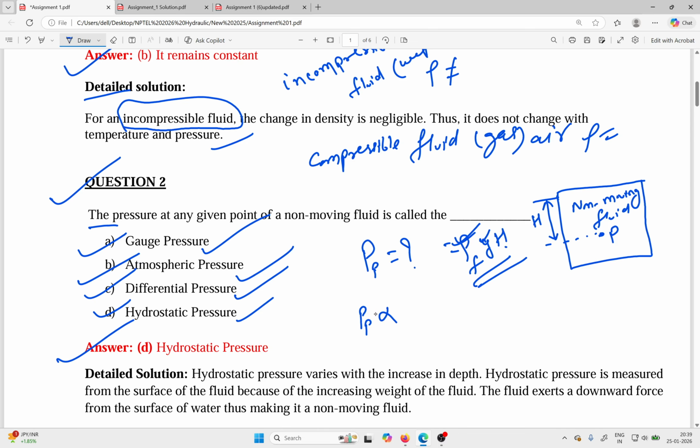So it is directly proportional to H for an incompressible fluid. Remember please, for an incompressible fluid. And for a compressible fluid, the pressure at any point P is directly proportional to rho plus H.